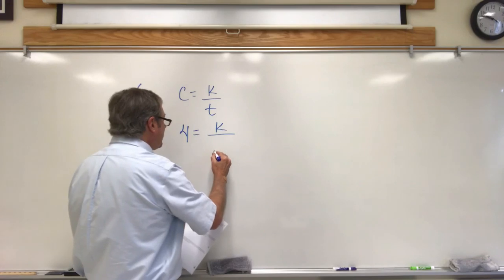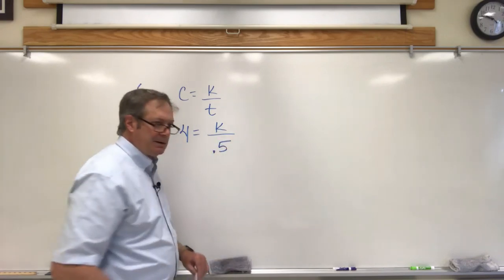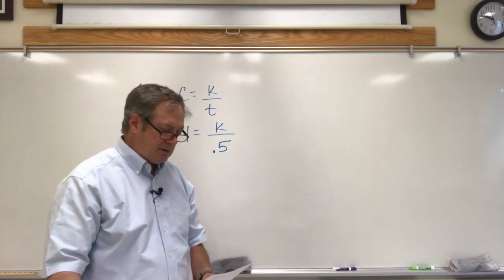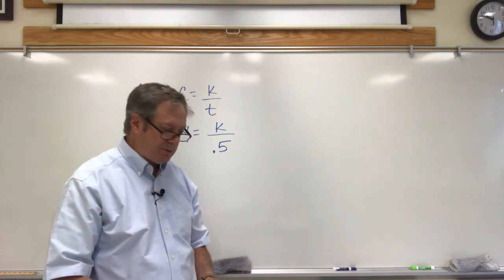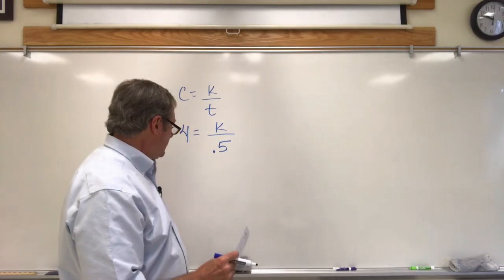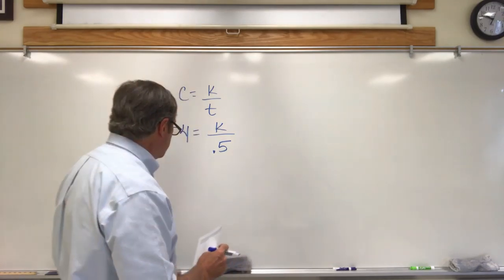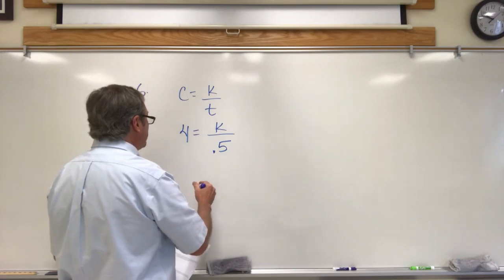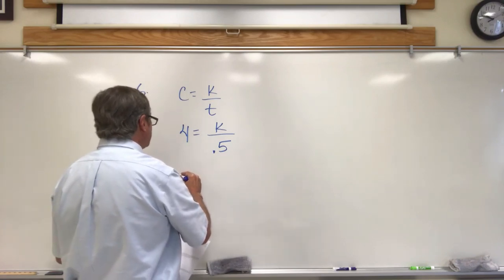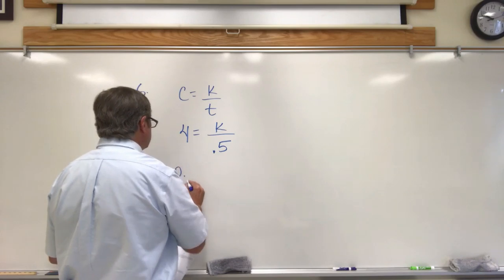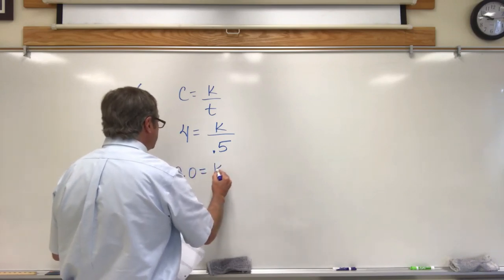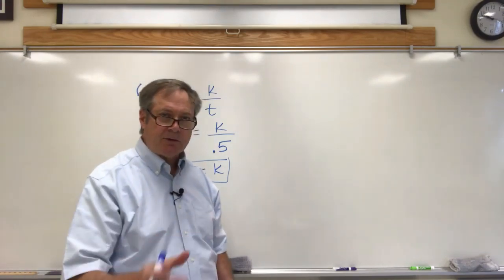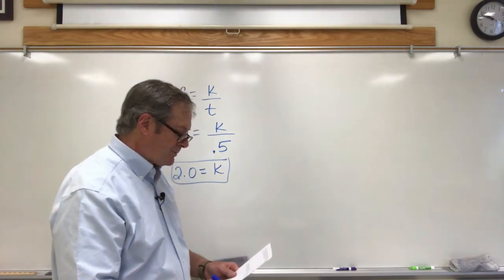Now I'm going to call that 0.5 of a minute, because I can see that the others, we could do 60 seconds times 2, but I'm going to go with 0.5. To solve for K, I'll multiply by 0.5, and so 0.5 times 4 is 2.0. All right, that's our constant. That's going to determine the relationship.